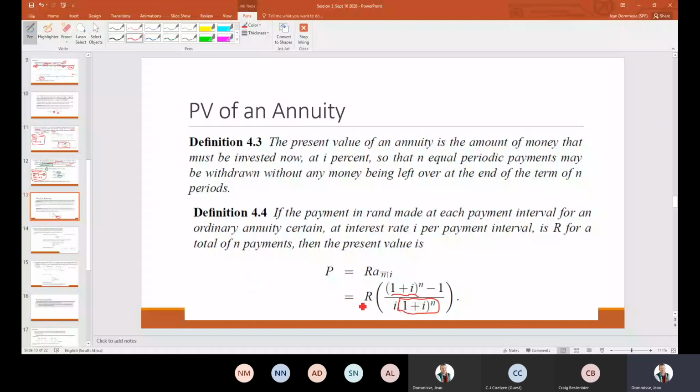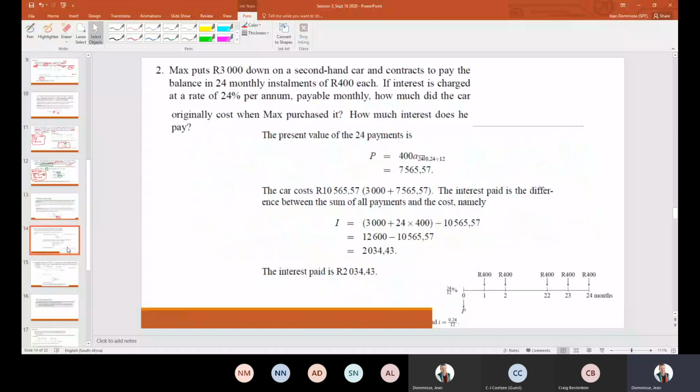Okay, so that was basically the big difference from a formula point of view between the future value and present value of an annuity. The only difference nearly comes into play with how you do it on your calculator. So let's look at this question. This was a very interesting one.